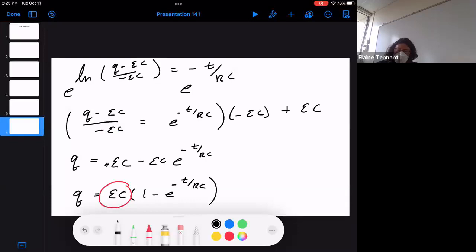The other thing is this RC. Now let me ask you, just by looking at this equation, can you tell me what the units of RC would be? One thing you might ask yourself: I have the exponent raised to something.